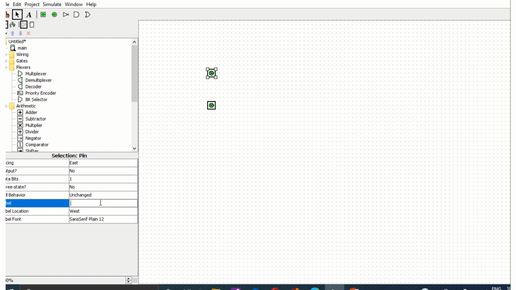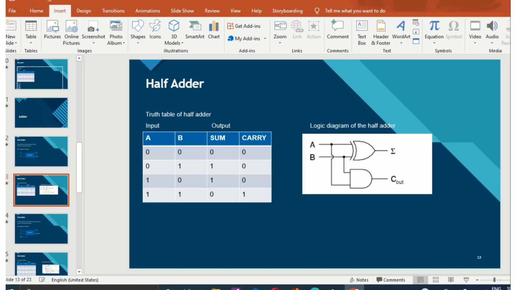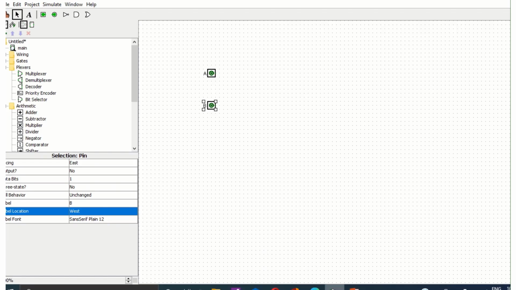This is A input, this is B input. See my logic diagram. Now I am going to use an XOR gate.